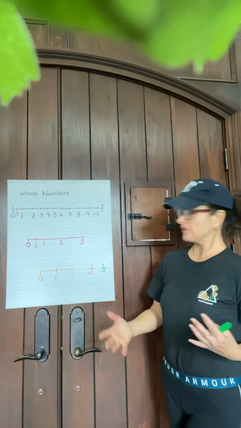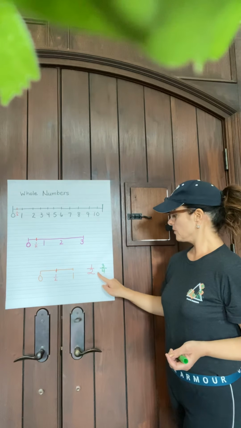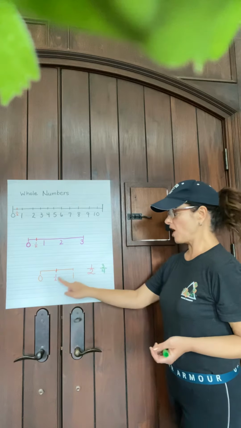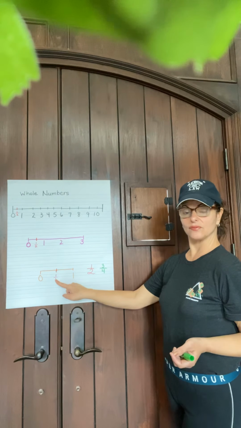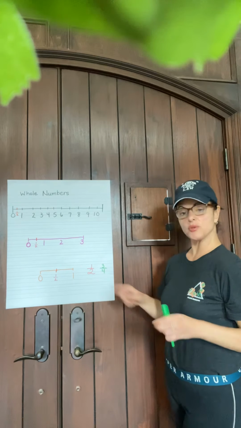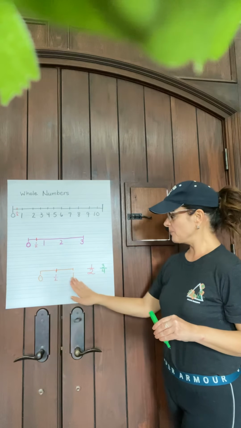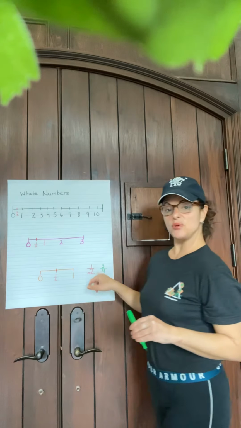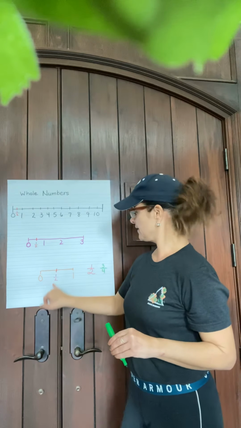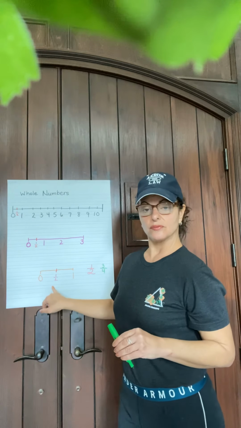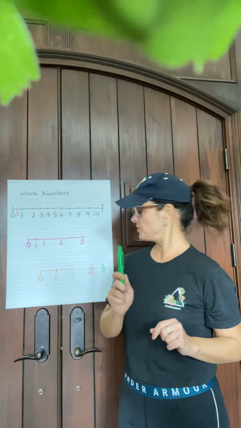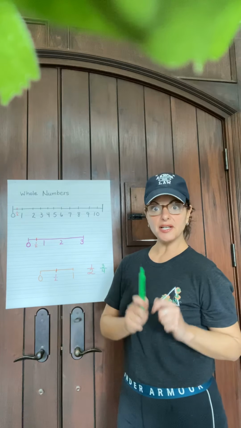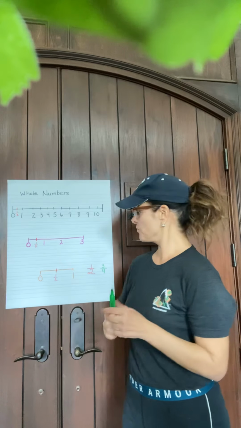Well, let's go back. The first thing I have to do, we're talking about fourths now, not halves. So I would have to divide my number line into fourths. Can I still do that if I've already divided it into halves? Sure, but I'm going to use a different color so we don't get confused about halves and fourths.